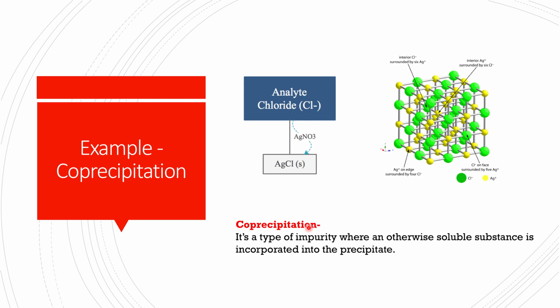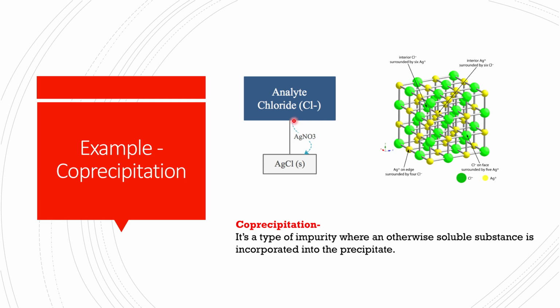So let us take an example. Suppose you are given a sample in which you are asked to calculate the amount of chloride ion, which is your analyte. That is what you are going to analyze. So how would you go about it? In precipitation gravimetry, you need to precipitate that chloride ion in some form.